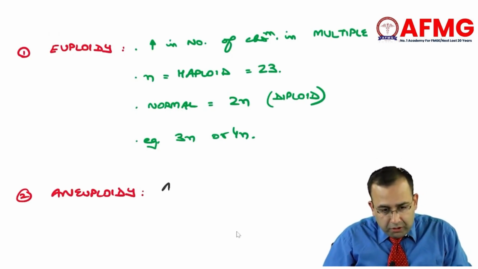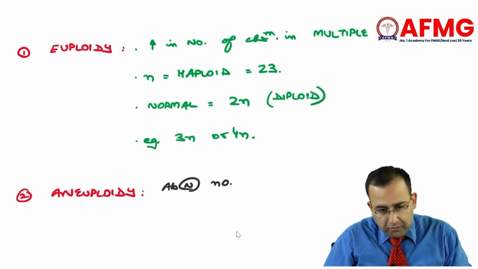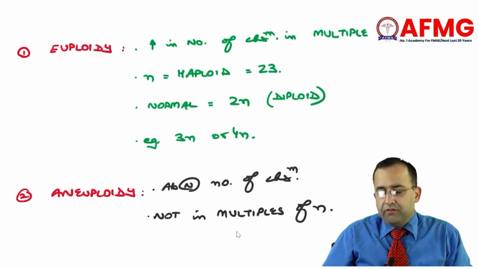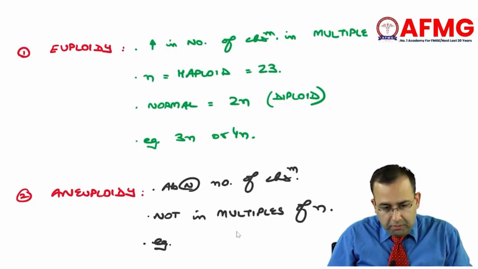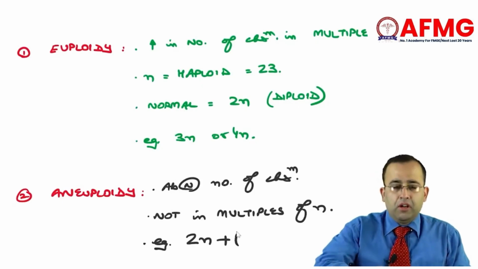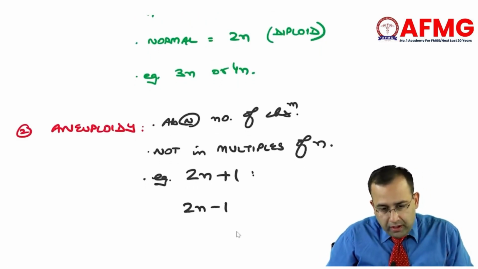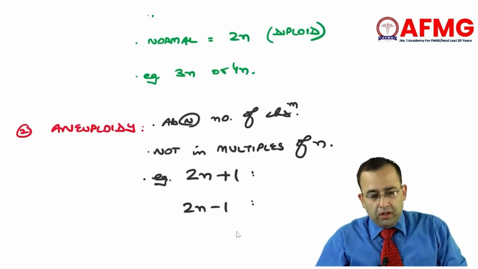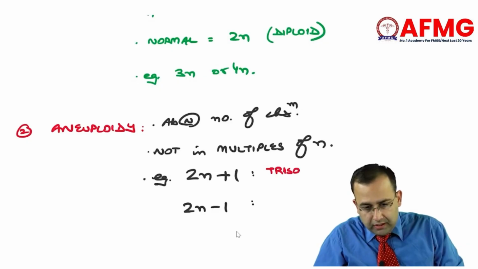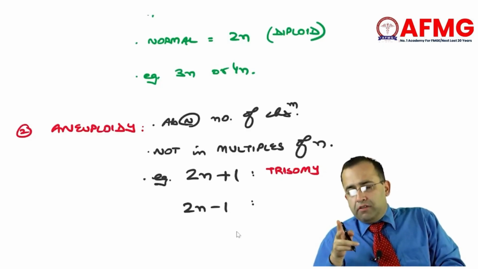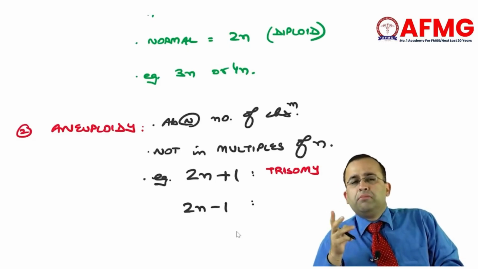This is an abnormal number of chromosomes, not in multiples of n. Examples of aneuploidy are 2n plus 1 and 2n minus 1. 2n plus 1 means these are the trisomies: trisomy 21 Down's, trisomy 18 Edwards syndrome, trisomy 13 Patau's syndrome.